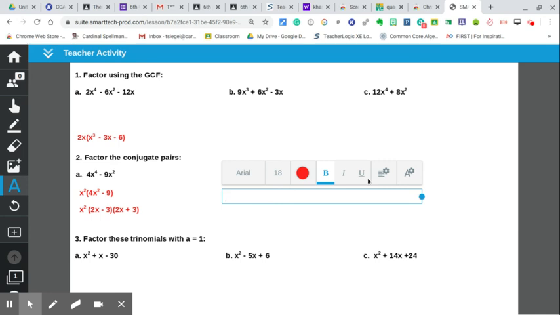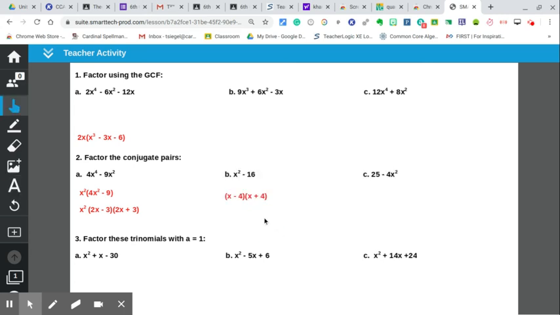It's going to be x minus 4 and x plus 4. Okay, so that's that one. I'm going to leave this last one for you to do, right? 25 is a perfect square, 4 is a perfect square, and x squared is a perfect square.